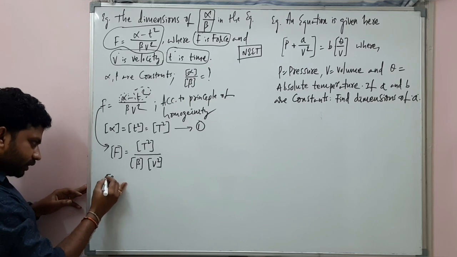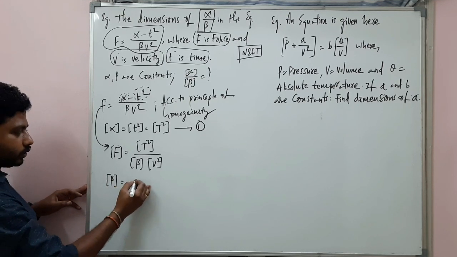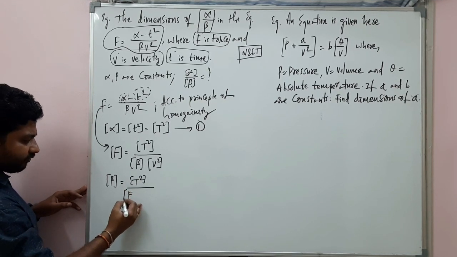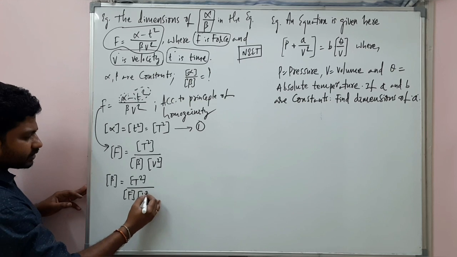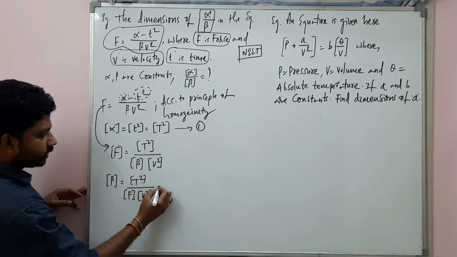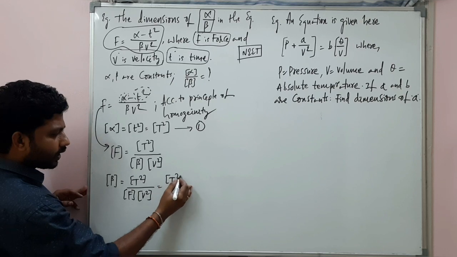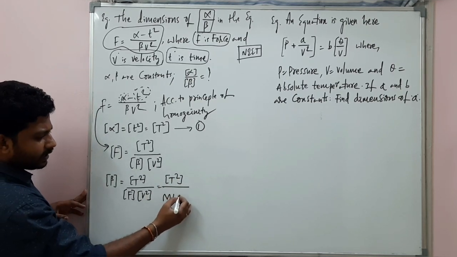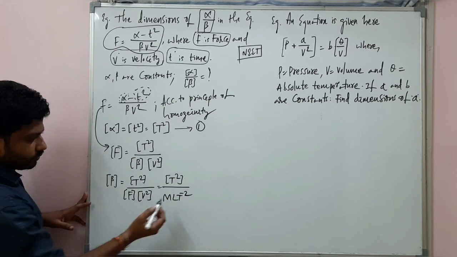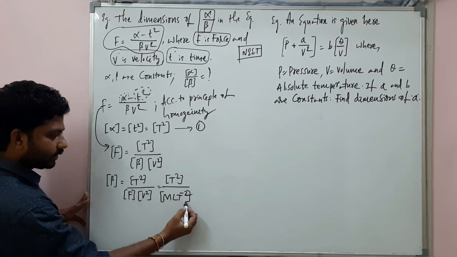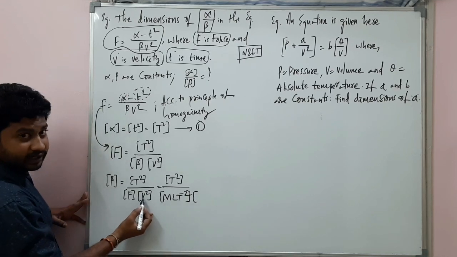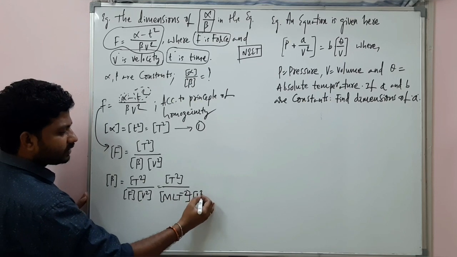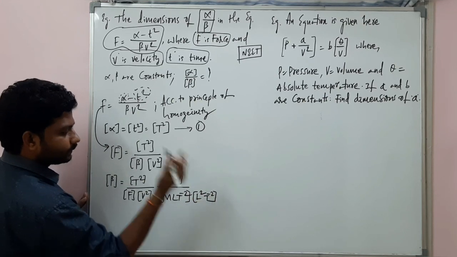So the dimensions of beta is equal to t square divided by dimensions of force into dimensions of v square. Force dimensions are M L T minus 2, force being mass into acceleration. Into v square. Dimensions of velocity is L T minus 1, squared, so this will be L square T minus 2.